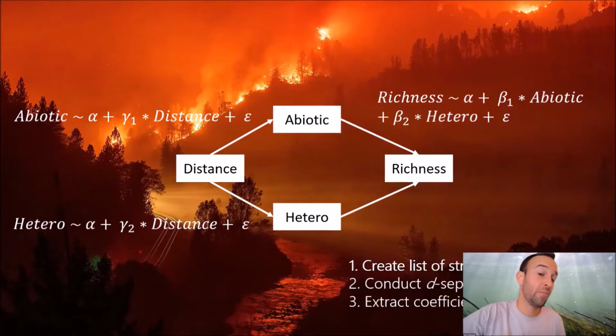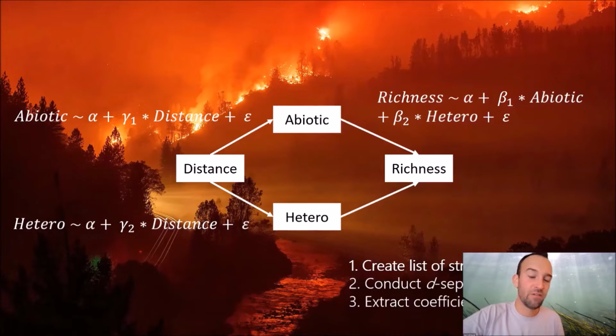And finally, a multiple regression in which we are predicting plot level richness as a function of both the abiotic conditions and the compositional heterogeneity. I would point out that sometimes it's tempting to actually break every path down into a separate regression. For example, richness against abiotic and a separate equation for richness against hetero.